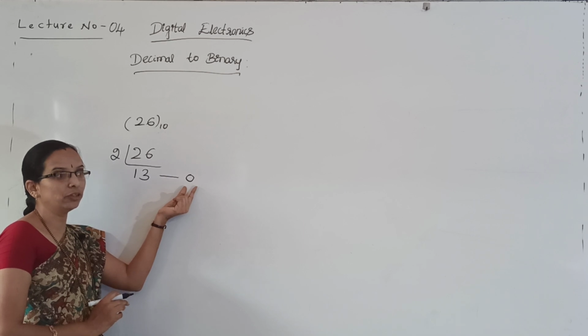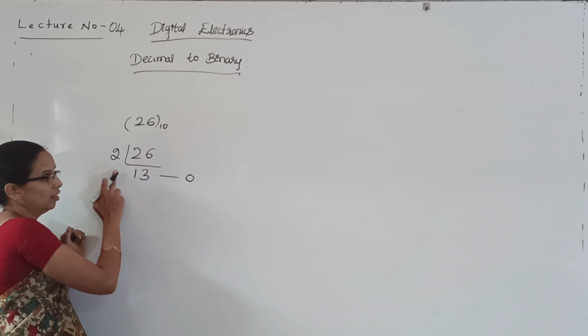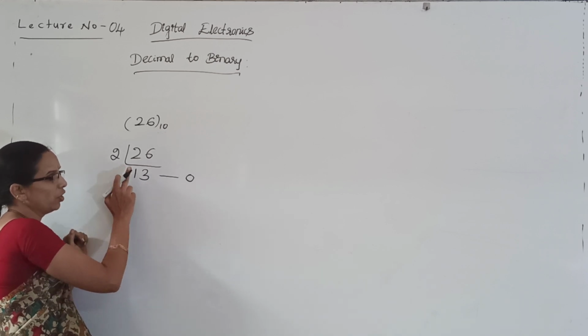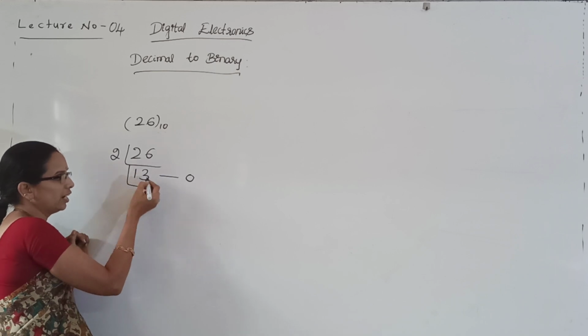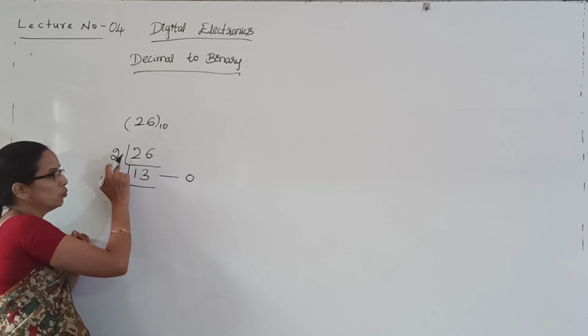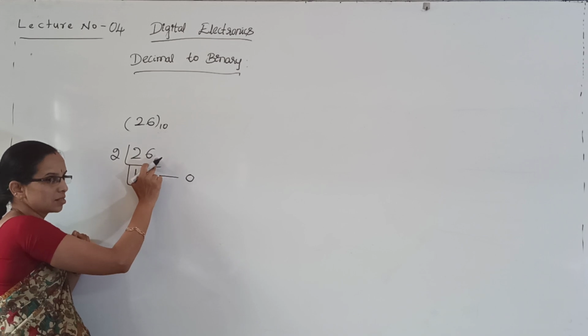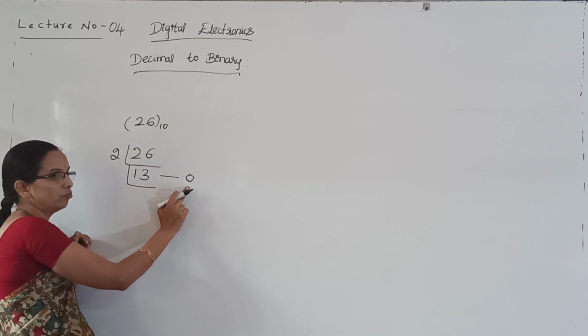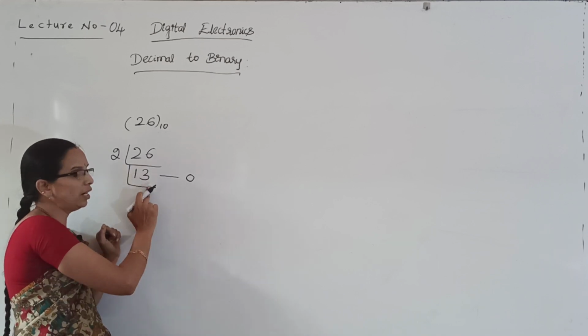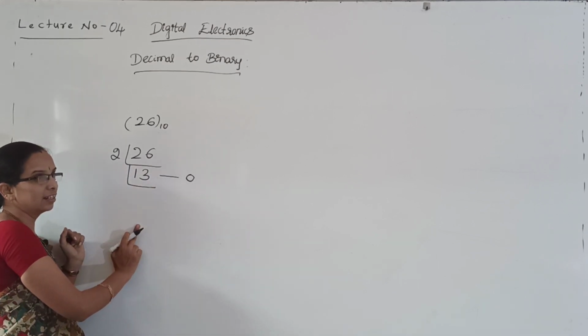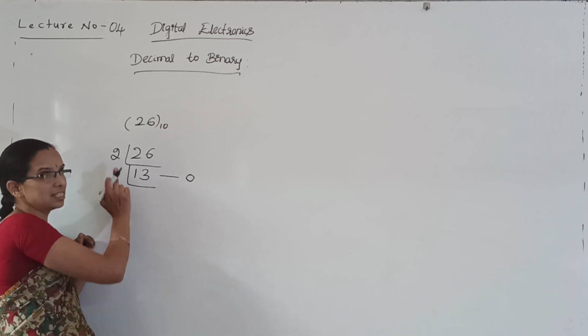In division you will get a quotient as well as a remainder, right? So in each division you have to note down the remainder. 2 13s are 26 and 0 is the remainder. This will be divided until the quotient is less than 2.